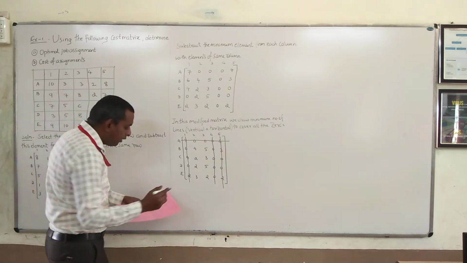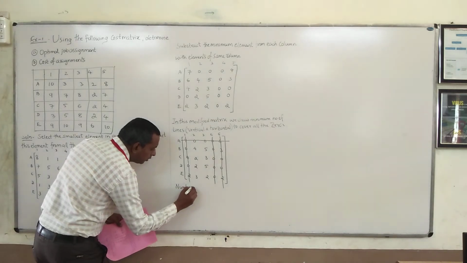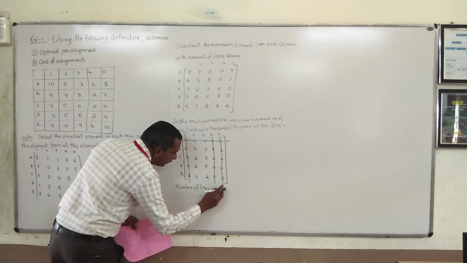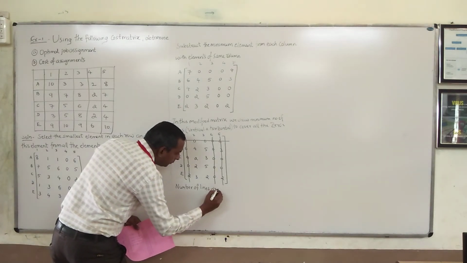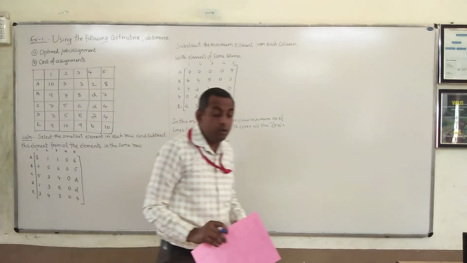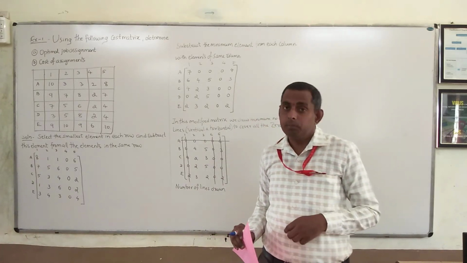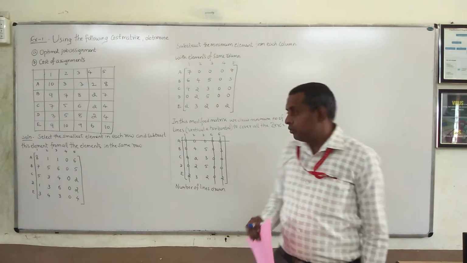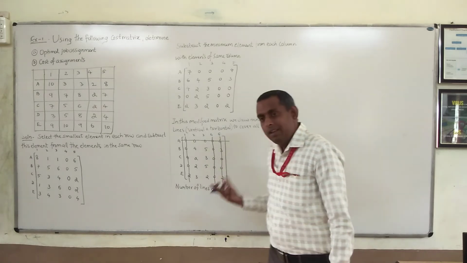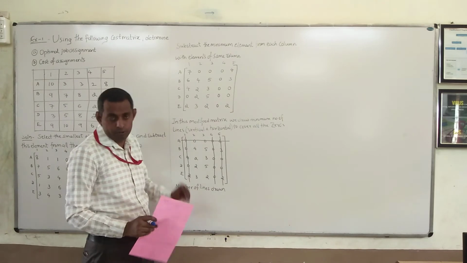Fine. So the number of lines drawn, the drawing of horizontal and vertical lines, you have to practice it. So you can draw 1, 2, 3, 4, 5, 6. How many lines? Maximum lines you can draw, but we have to draw the minimum lines to cover all the zeros.